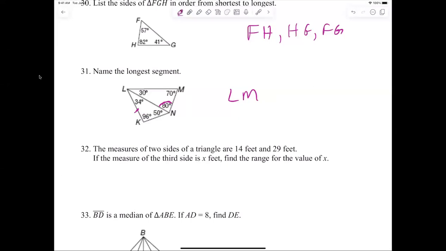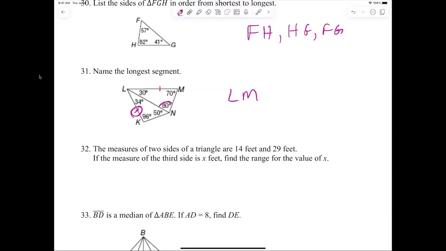No, there isn't. They could even be equal. LK could be equal to LM. There's no way, because the hinge theorem does not apply because there are not congruent sides.